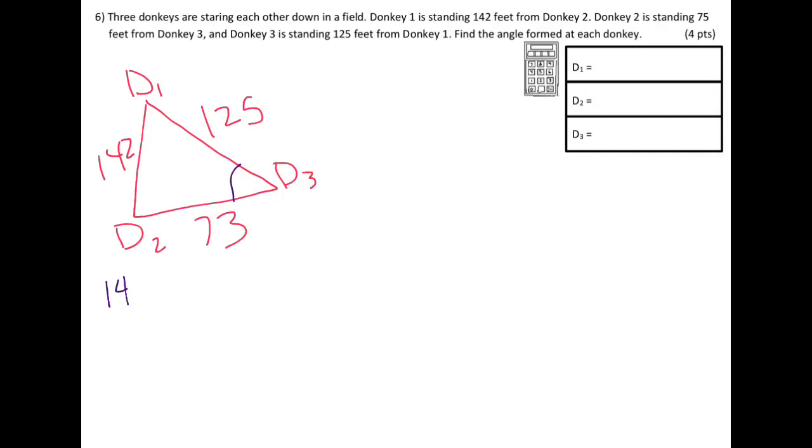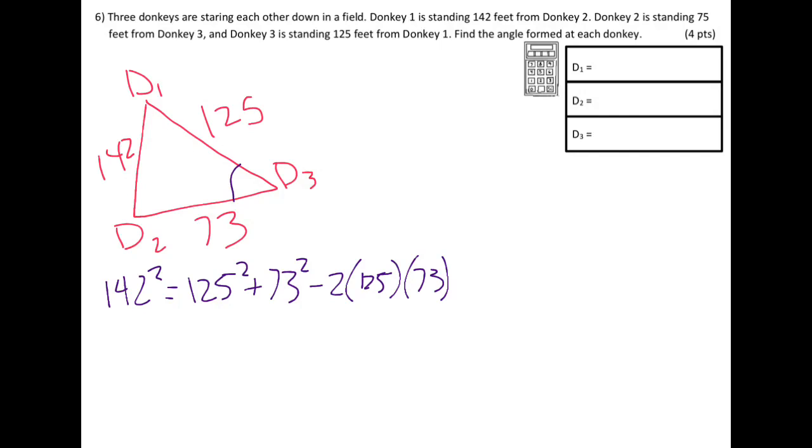We know 142 squared will equal 125 squared plus 73 squared minus 2 times 125 times 73 times the cosine of that angle D3.